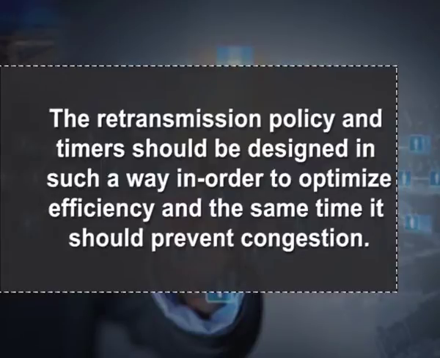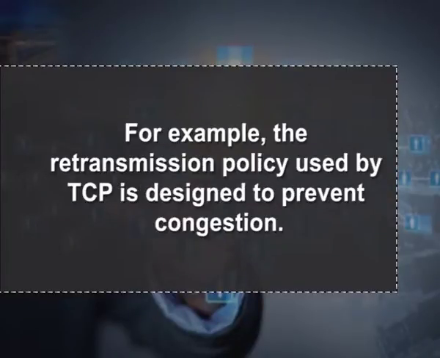The retransmission policy and timers should be designed in such a way as to optimize efficiency, and at the same time it should prevent congestion. For example, the retransmission policy used by TCP is designed to prevent congestion.